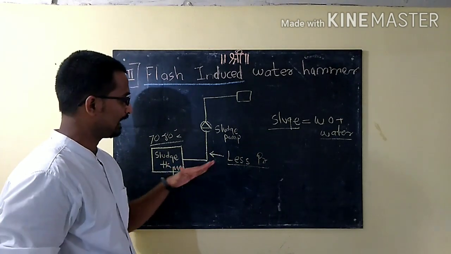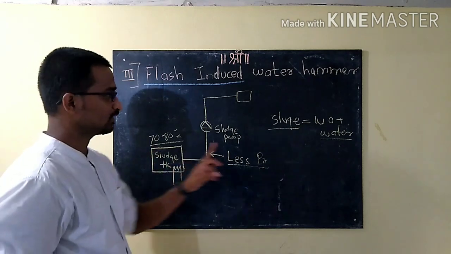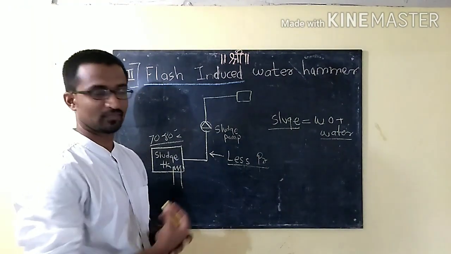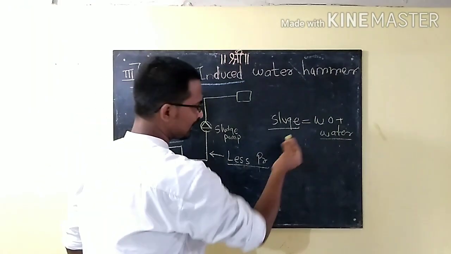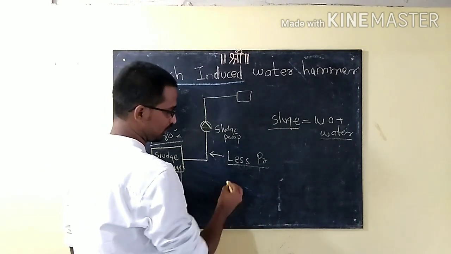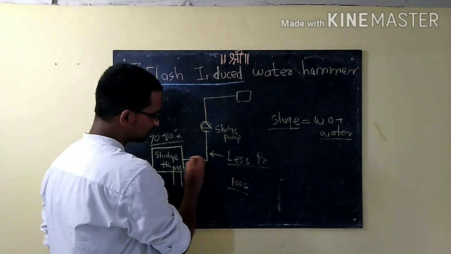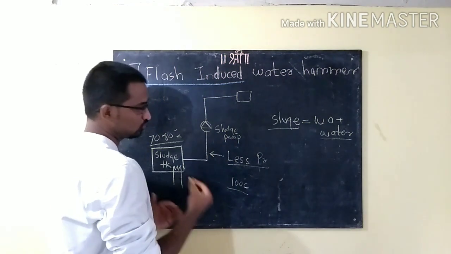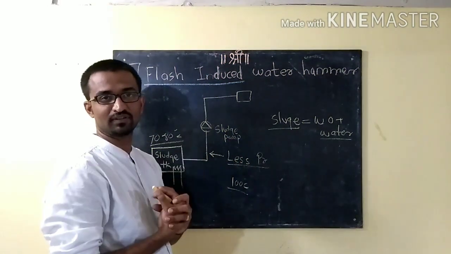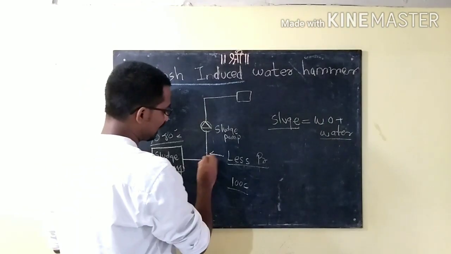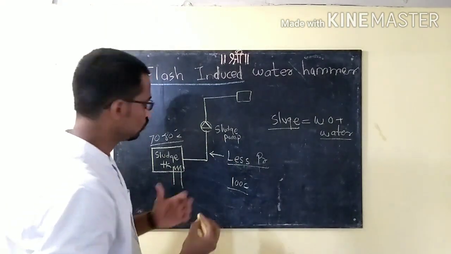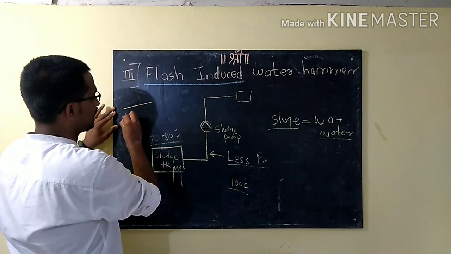And when it enters into the suction pipeline, it is a combination of waste oil and water. You know the water gets evaporated at normal pressure at 100 degrees Celsius. But as in a suction line, there is less pressure, so water reaches its vaporization temperature. So water gets evaporated.